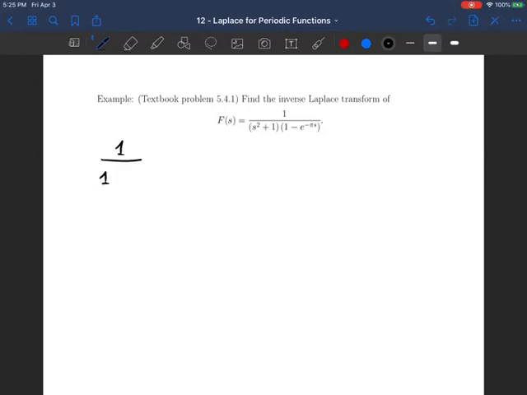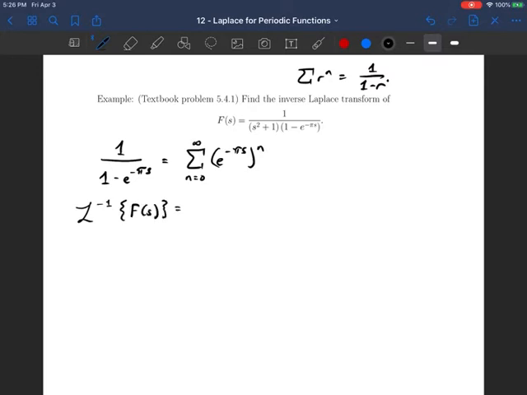So what we're going to do in order to work with this is start by thinking about this function, 1 over 1 minus e to the minus pi s, in light of our geometric series formula. Remember, the sum of r to the n equals 1 over 1 minus r. So this is that. We can break this up and rewrite it as a geometric series. It will be the sum from n equals 0 to infinity of, well, our r here is e to the minus pi s, and then that will be raised to the n.